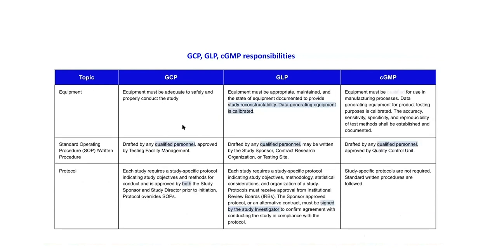Regarding the equipment, well, in terms of GCPs the equipment must be adequate, of course, but in the GLP case, we need to know that data is crucial. Data coming from the equipment is crucial. You cannot afford any conclusion, you cannot produce any outcome in the studies that you are delivering to your sponsor if the equipment has not been properly calibrated.